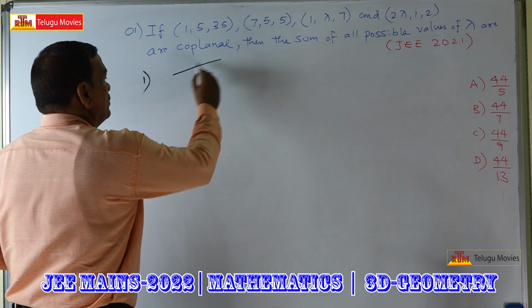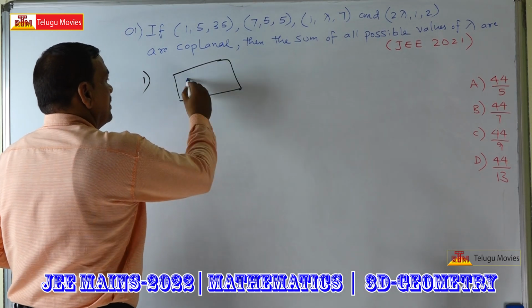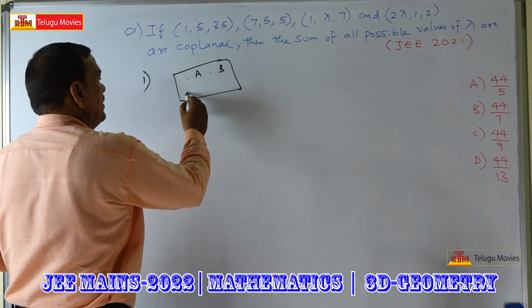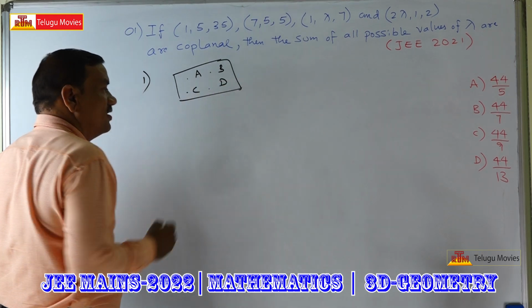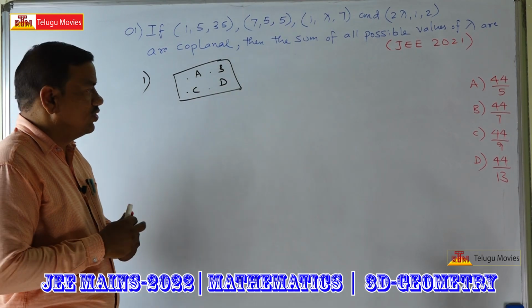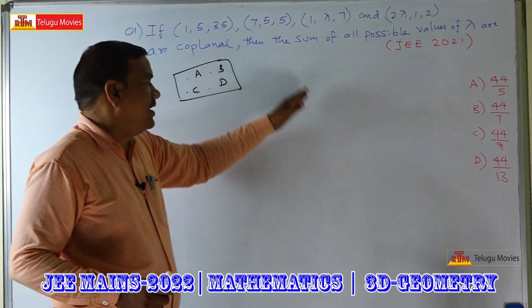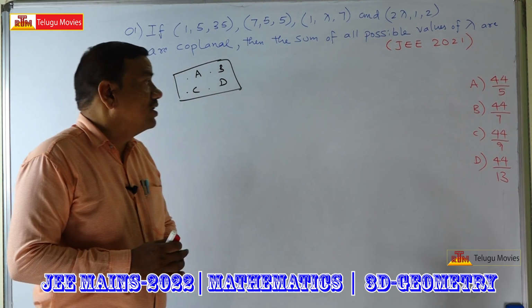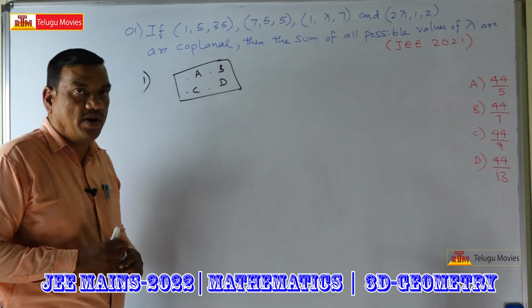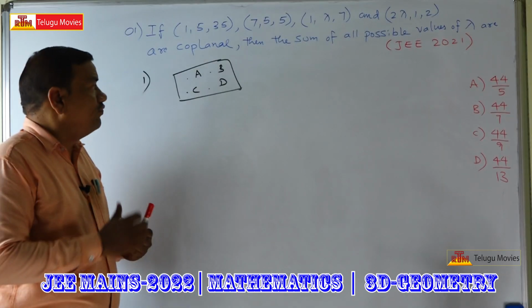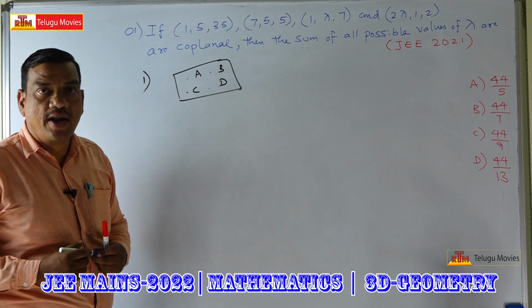For example, this whiteboard is a plane. If points A, B, C, D lie on it, then these 4 points are coplanar.